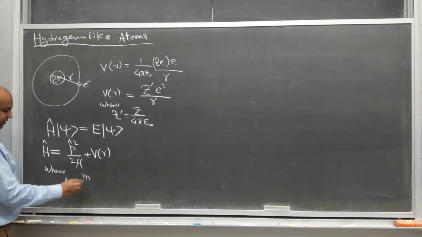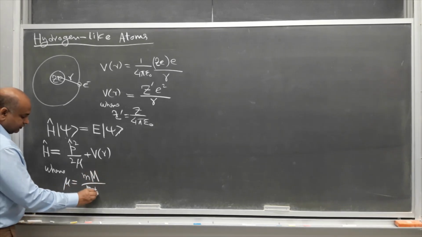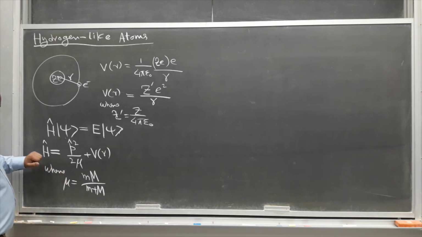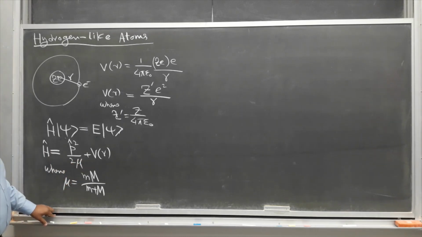If m is the mass of the electron and capital M is the mass of the nucleus, then we have already seen that we can write the relative part of the Hamiltonian like this, using the reduced mass. We are working in the center of mass frame, so the center of mass term doesn't appear in the Hamiltonian.